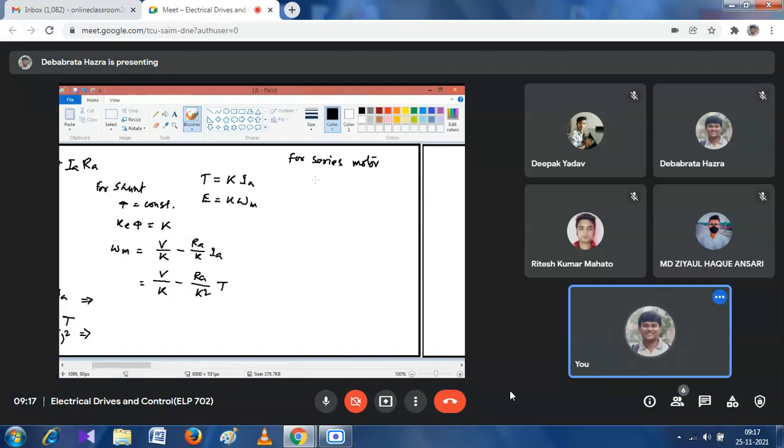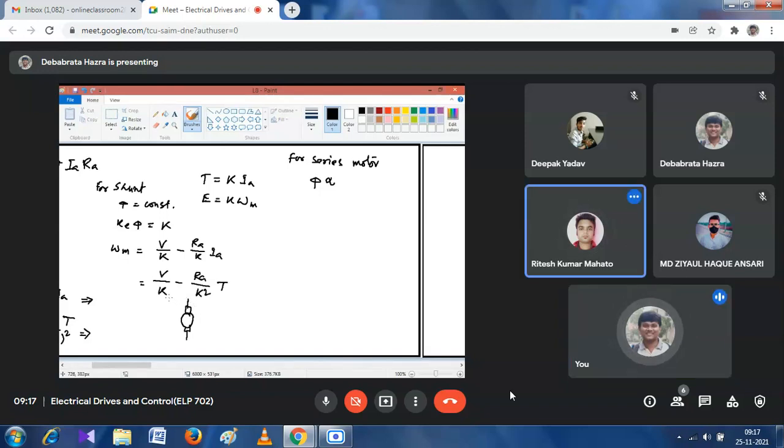For series motor, we know that phi is proportional to the... For shunt motor, we consider phi is constant. Can you tell me why it is constant for shunt motor?